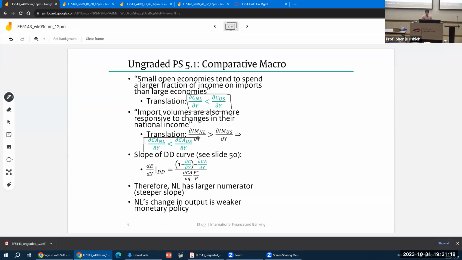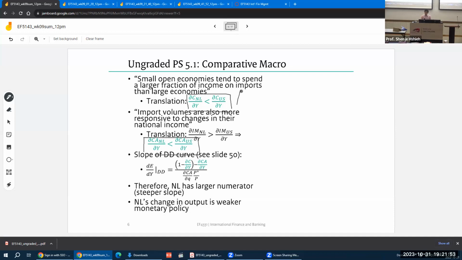It's the reverse: they are more sensitive to imports, which means that the sensitivity of the current account is less. The positive change in the current account is less or even negative, or more negative than the change in the current account for the US, given that unit change in income. So this should be negative, right? The change in the current account with respect to income should be negative, but the change is more negative for the Netherlands compared to the United States.